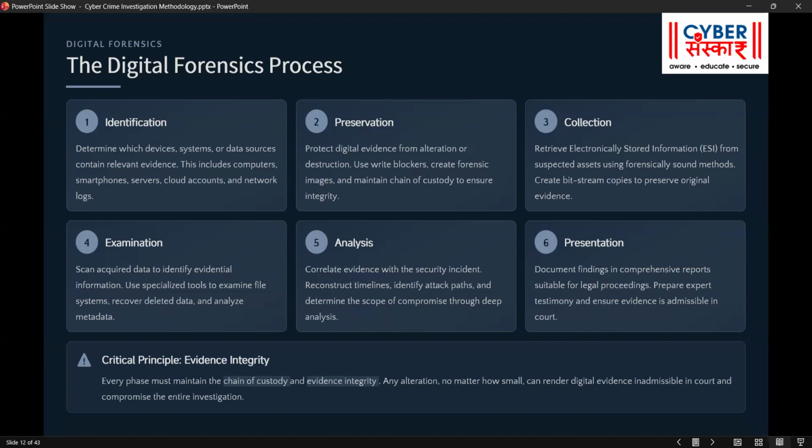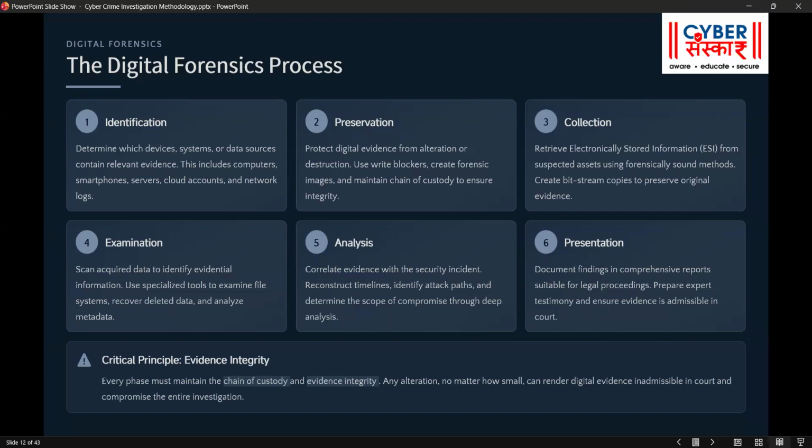Now comes the next step, that is the examination. Scan acquired data to identify the evidential information. Whatever data we have acquired should be scanned to identify the evidential information. Use specialized tools to examine the file system.